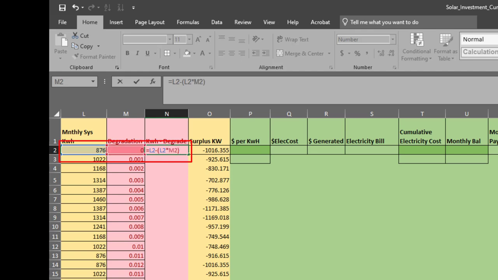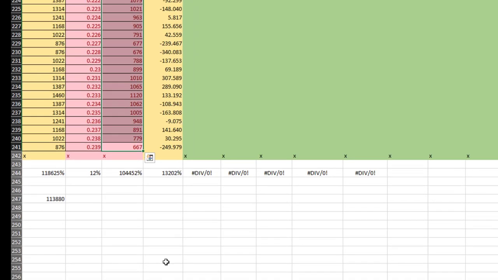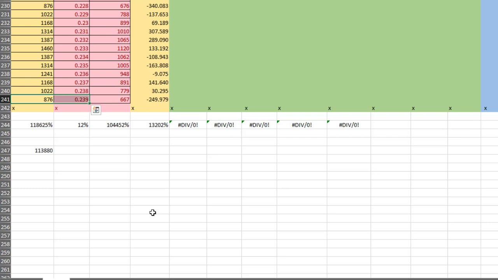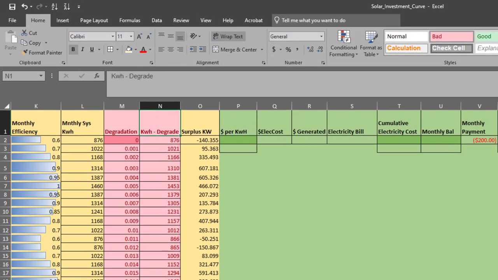And the first month the degradation is 0, but there will be a tiny amount of kilowatt degradation in the second month, and then at the end of all of these months you'll be losing close to 24%. And you see here in row 241 in the 91st month that the peak efficiency in January would be 876 kilowatts, but you're losing basically 24% because the panels are old, and now you're only producing 667 kilowatt hours per month.